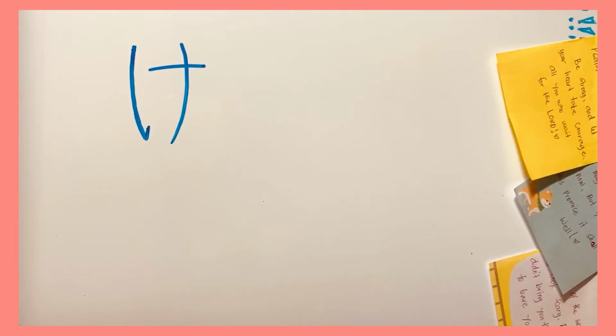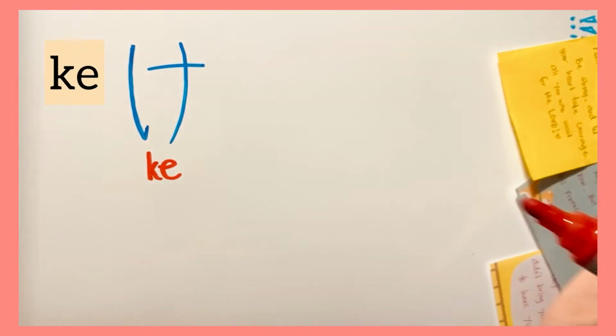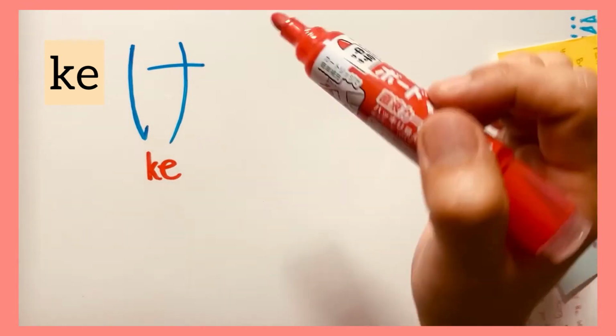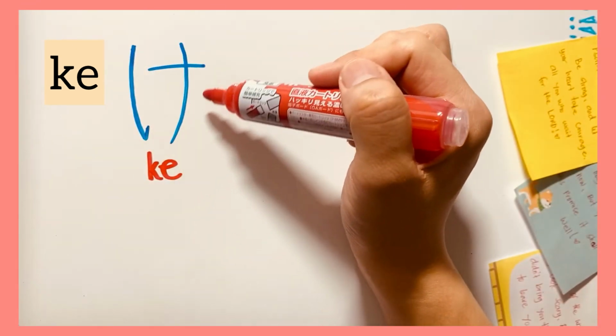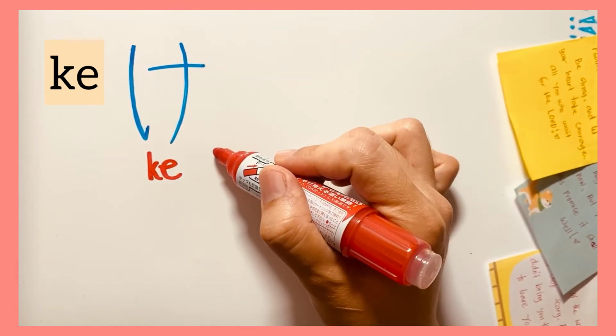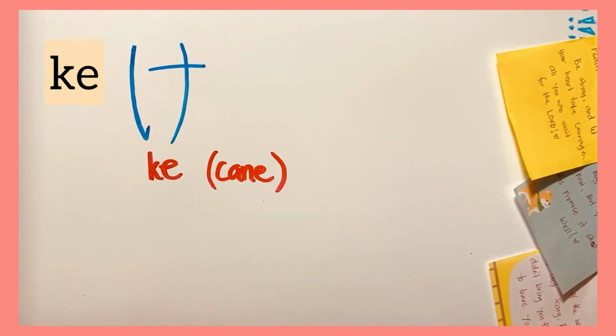So our next character is ke. Ke. Okay. So I want you to imagine right now that there is a man holding a cane. Ke. Cane. So again, I'm gonna draw.